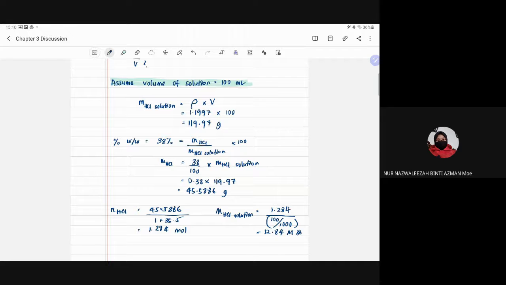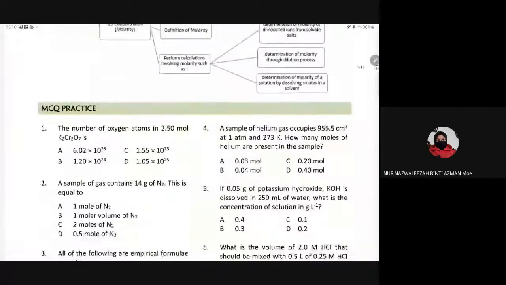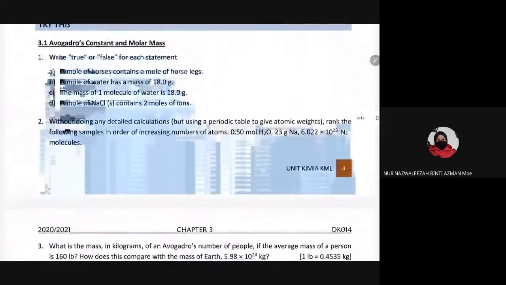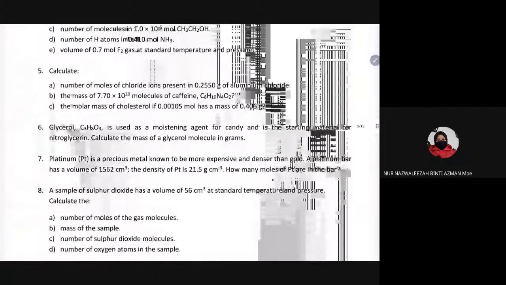Try this number 3. Okay, try this 3.1 number 7.